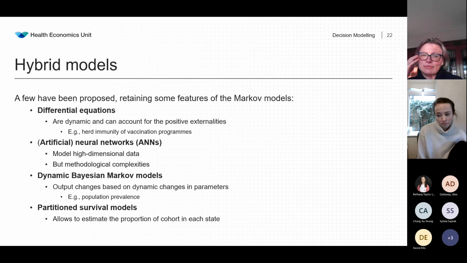So there are some very sophisticated deep learning models that model very high dimensional data. For instance, if you're working with electronic health records, that is a method that could be applicable, but again, with all models there are some caveats.